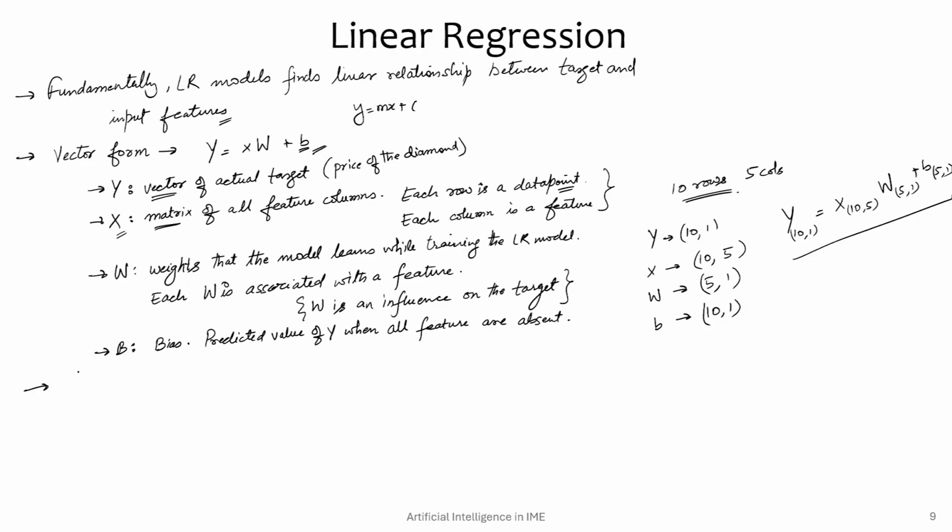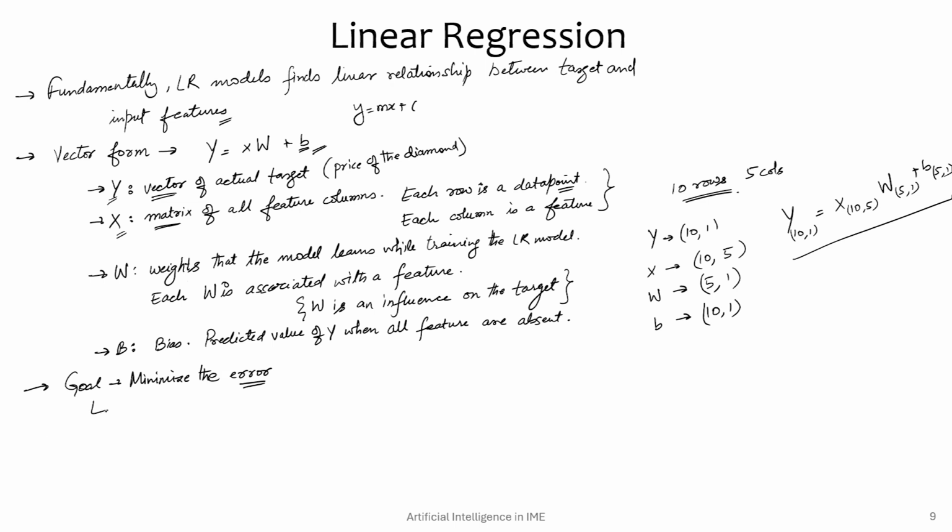Now the goal here is to minimize the error. Which error? The error between predicted values of y and the actual values of y. Okay.